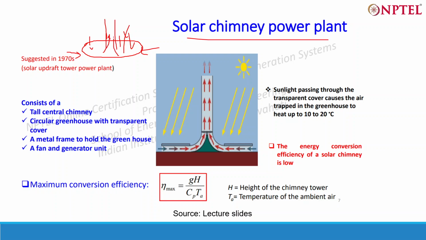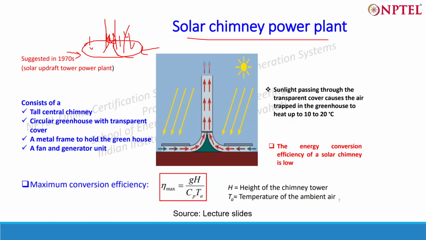This convection current flows upwards through the chimney, and it makes a turbine, or wind turbine type of rotor or fan, rotate, and because of it, it produces electricity.